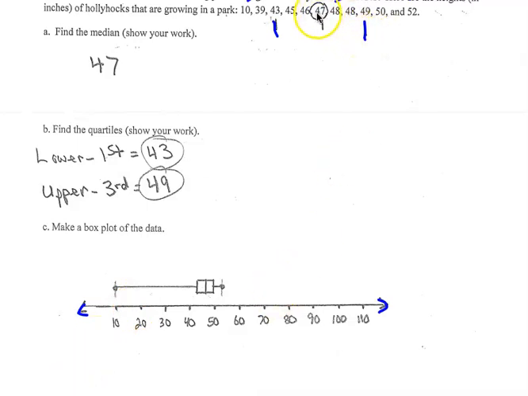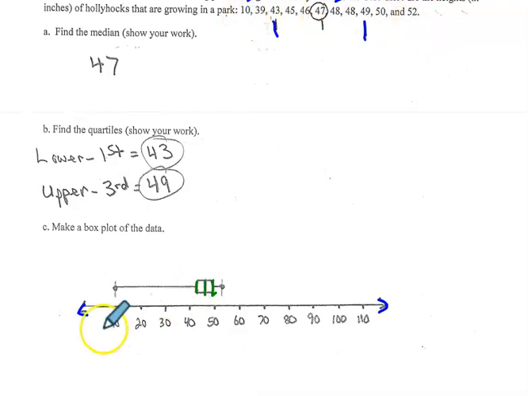Now, if I go up here, I'm going to put my middle line. Let me grab that pen again. I keep losing it. I did this at 47, so I just drew a little line here at 47. Then I found these two, right here, and I drew those lines in. Then I look for my high and my low.